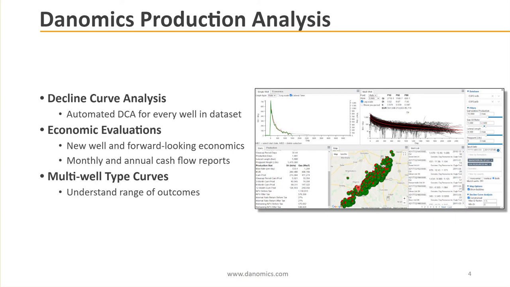You can still go in and manually adjust the automated decline on every well to get the interpretation to the level that you need. And we even have the ability to do things like multi-segment decline. So if you've done workovers, well interventions, or recompletions, you can go in there and understand how that's affecting your reserves and set multiple declines within that well.